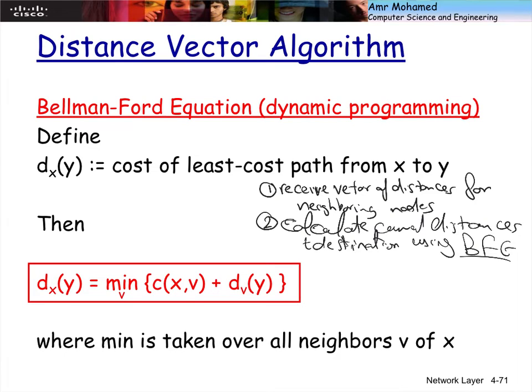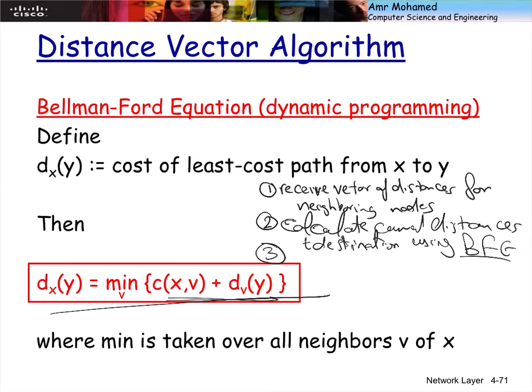Then I calculate the distance between me and all these destinations using this equation. And it's not an algorithm, it's just one equation. Just one equation, but I need to calculate all these combinations and select the one with the minimum.